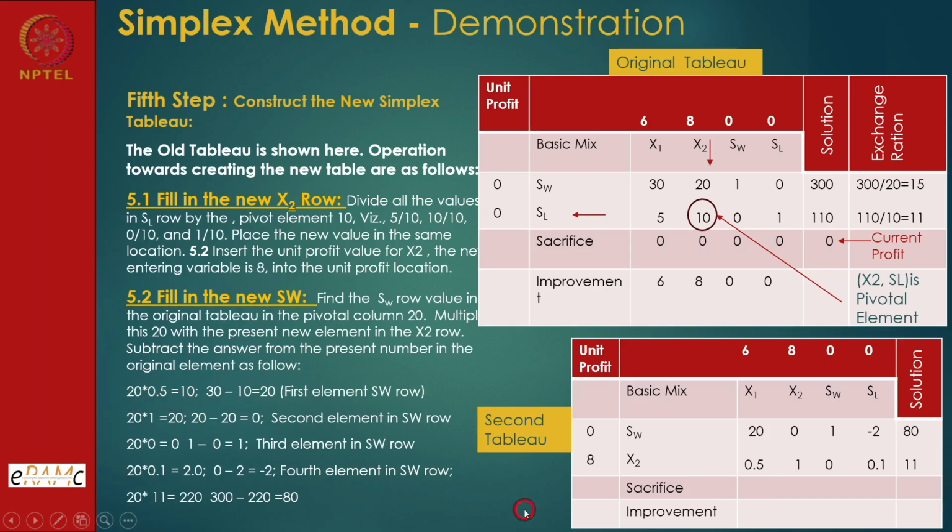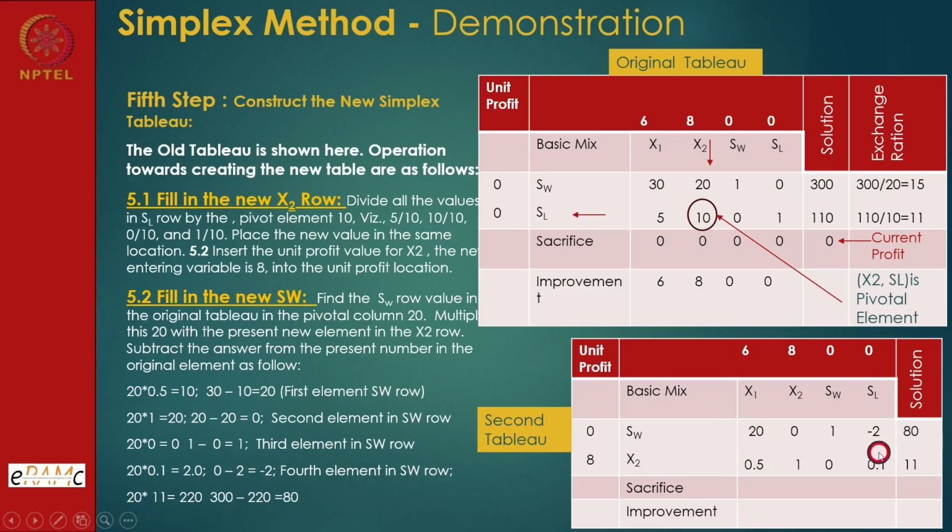So 20 divided by 0.5, then 20 into 0.5 is equal to 10, and 30 is the first variable. So 30 minus 10 is equal to 20. So the 20 has come here. Similarly, we will fill up the other things also. I have explained this formulation for each element in the row to make it clear.